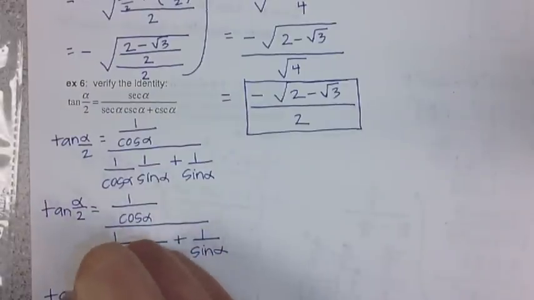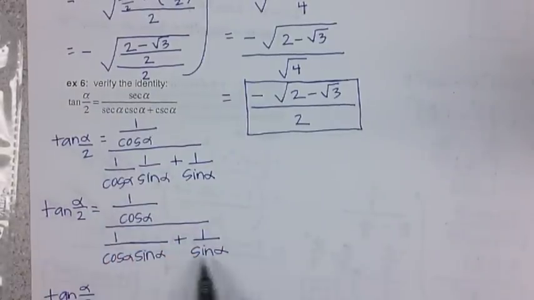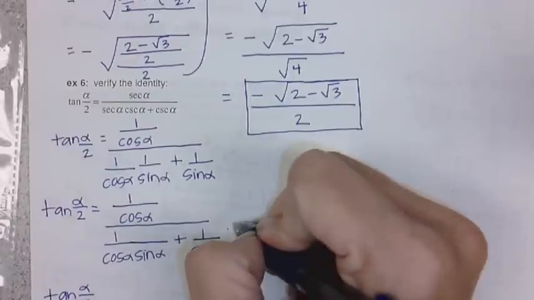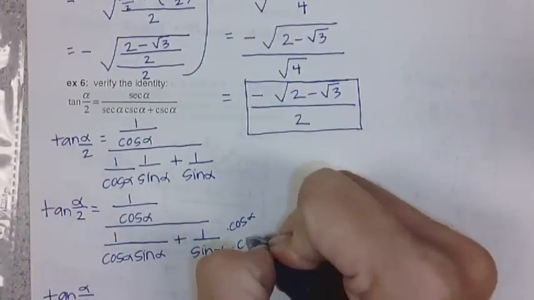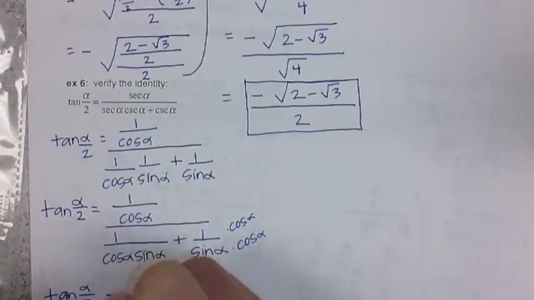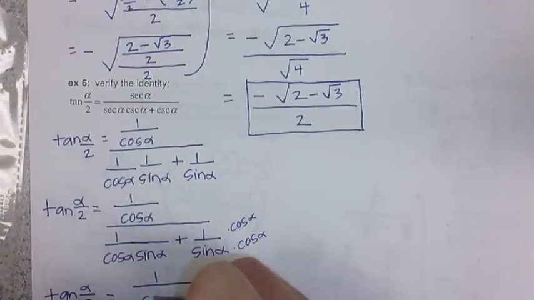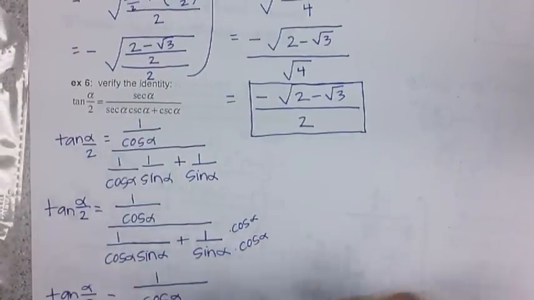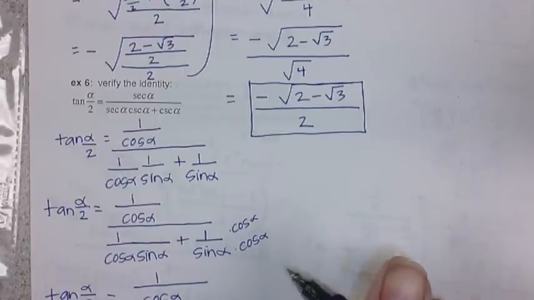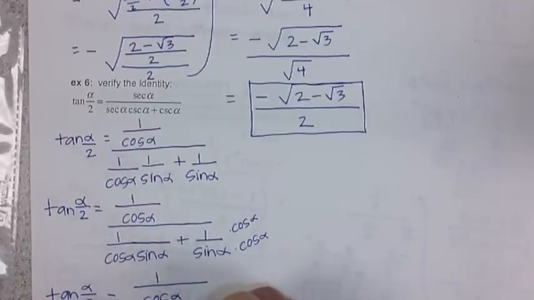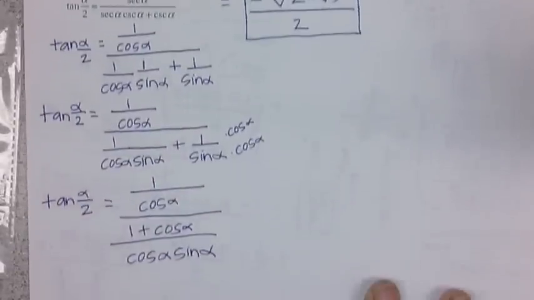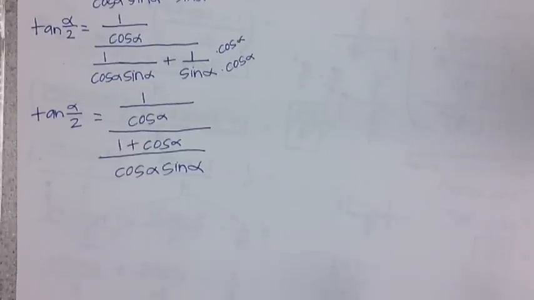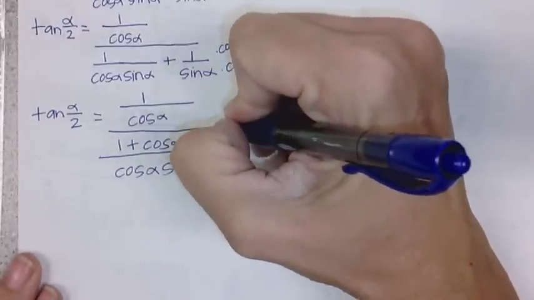Then we are going to get common denominators here, so this means a cosine alpha, so we have 1 over cosine alpha all over 1 plus cosine alpha all over cosine alpha sine alpha. Oh, that's so cool, you couldn't see that last step. Well, here it is now. So we just got common denominators. Then what do we do? We copy dot flip.